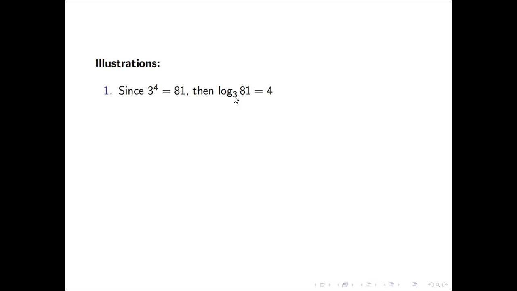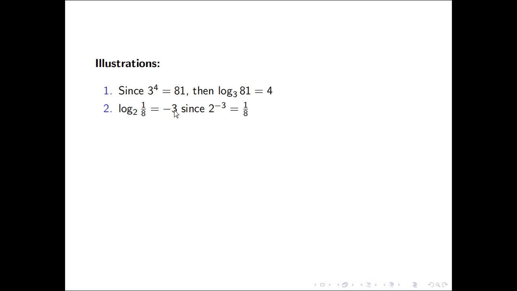This means the number to which I should raise this base. What should I raise 3 to get 81? We know that's 4. So the value of log 81 base 3 is 4. Now, what's the logarithm of 1 over 8 base 2? It simply means the number to which I should raise 2 to get the number 1 over 8.